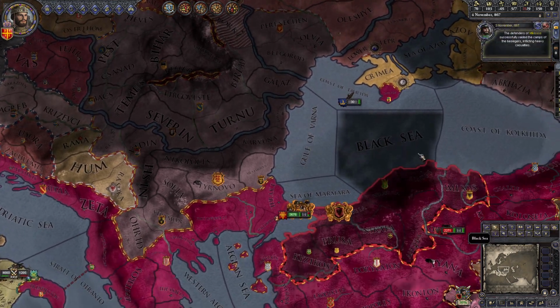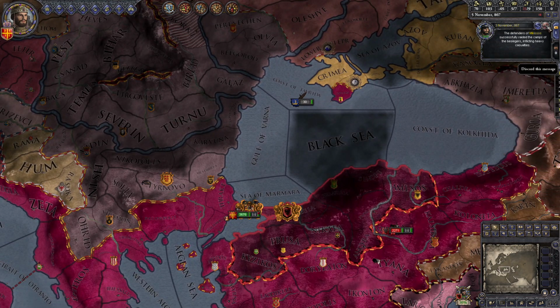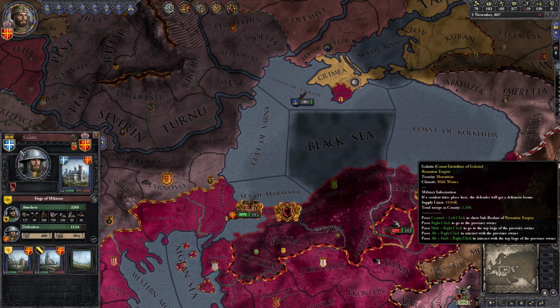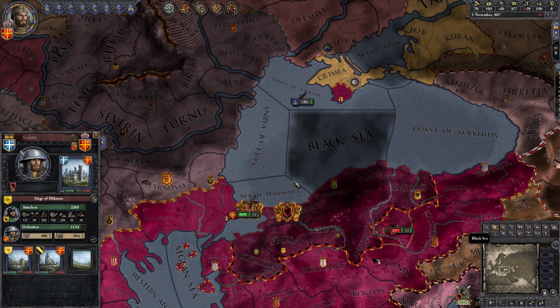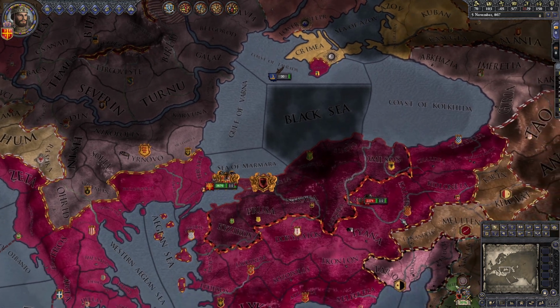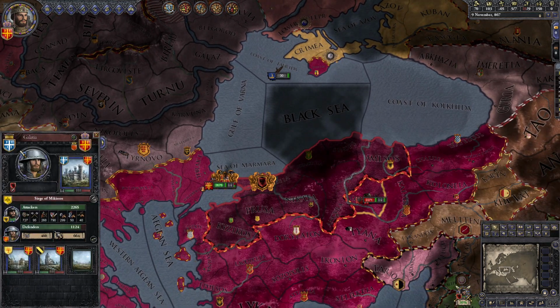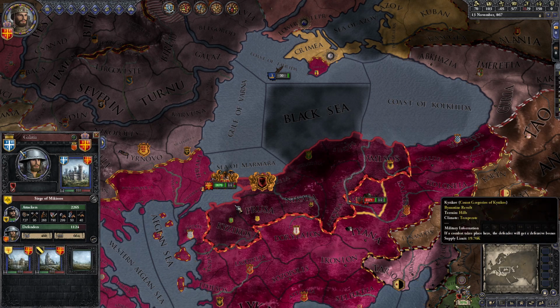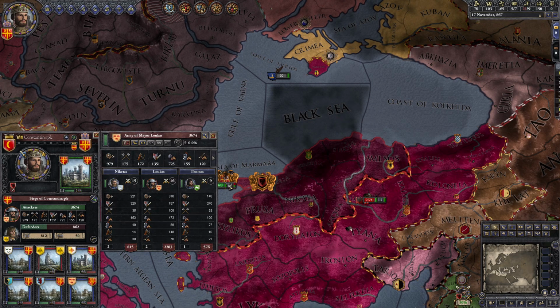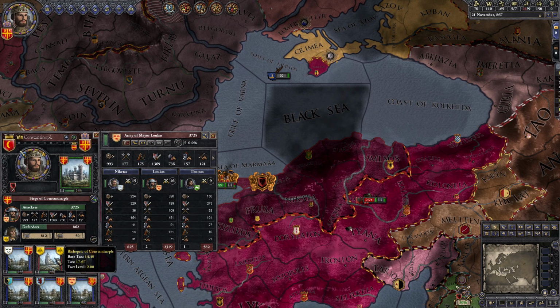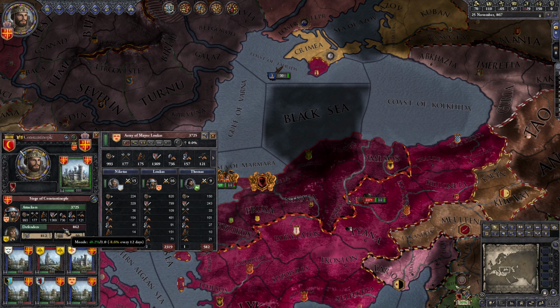Okay. Defenders of Misosa. That's us, right? Yes! Well done, defenders. They re-inspired themselves. We are going to be able to take the city here first before they can.